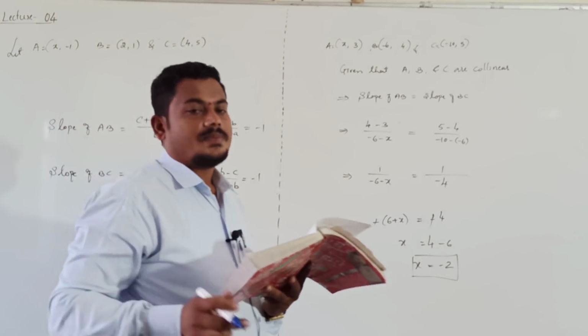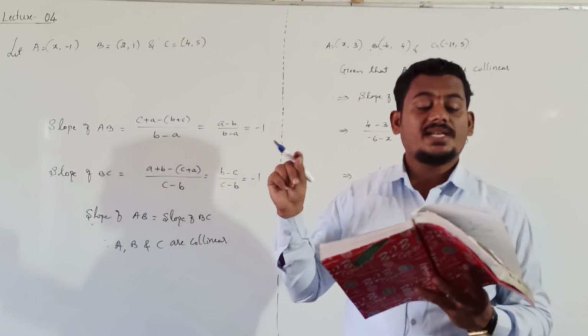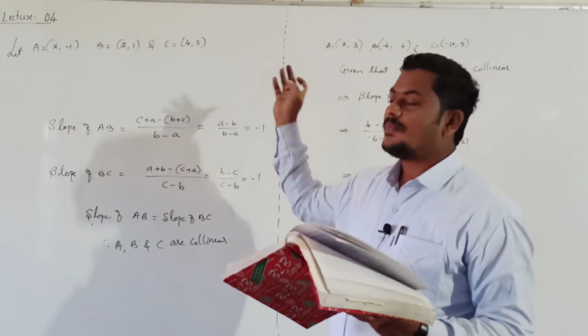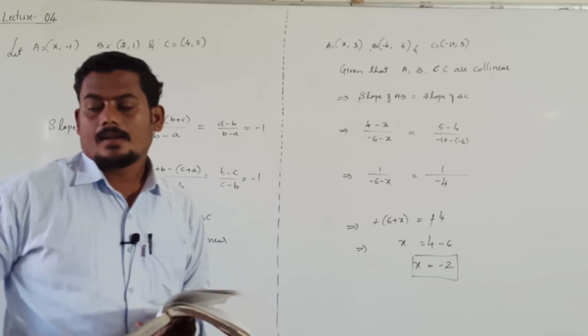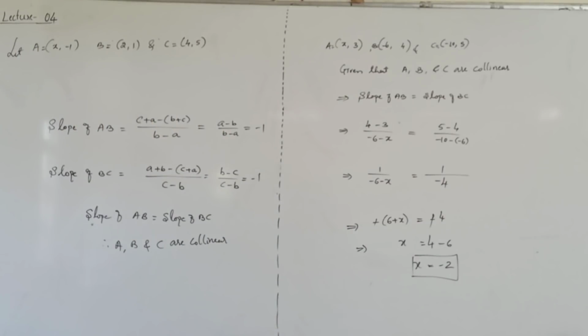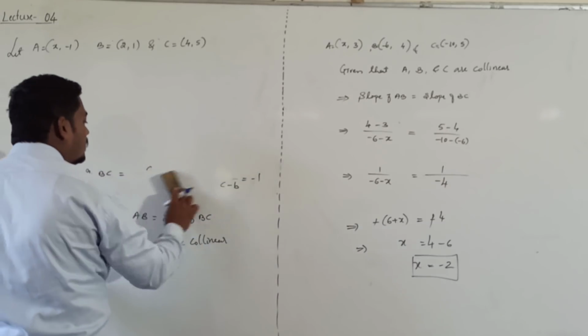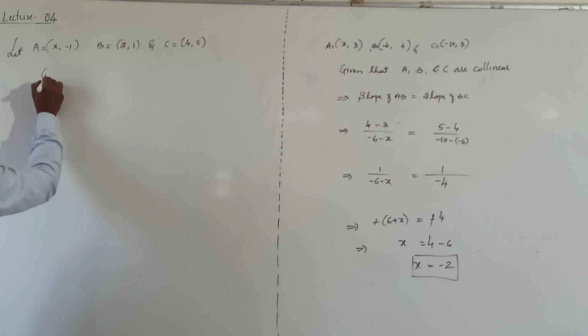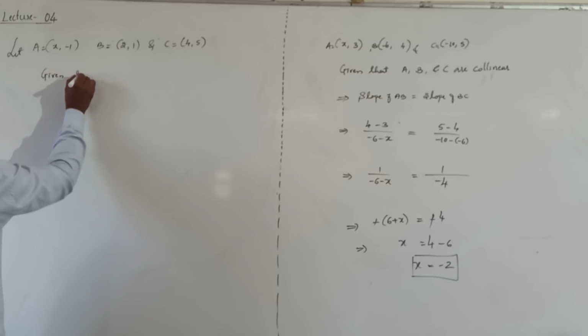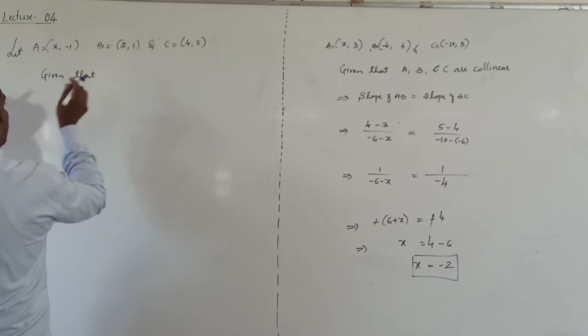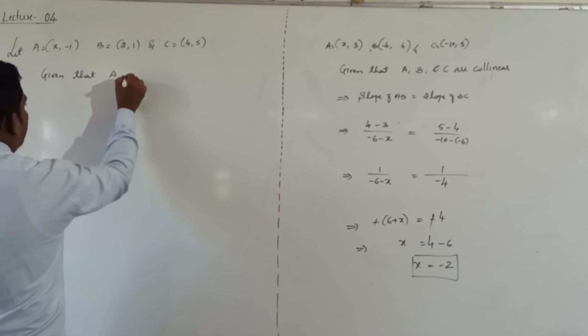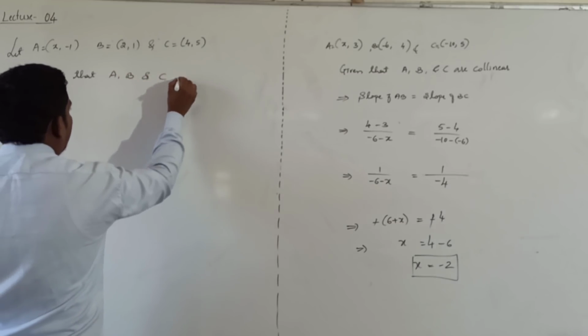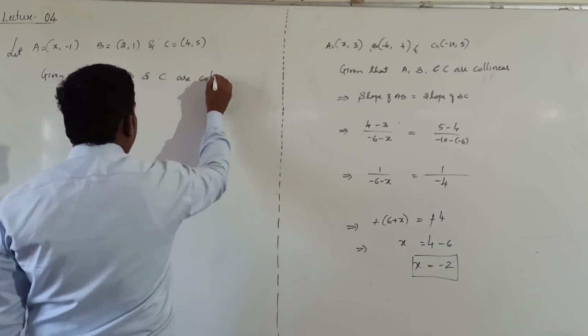It's also an important 3 mark question. Find the value of x for which these 3 points are collinear. Collinearity condition, what have they given? Given that A, B and C are collinear, right?